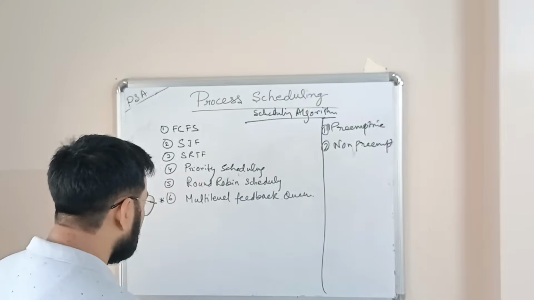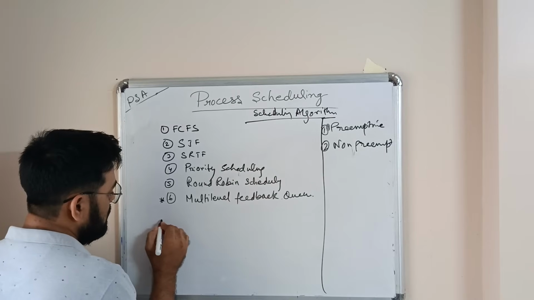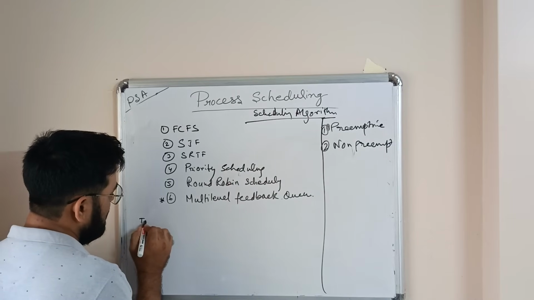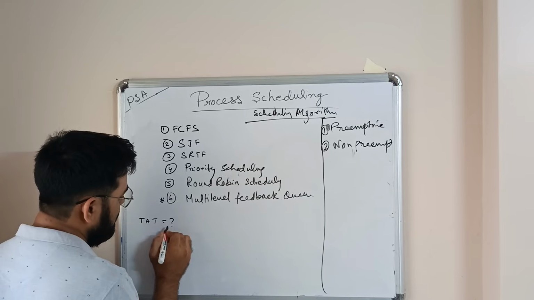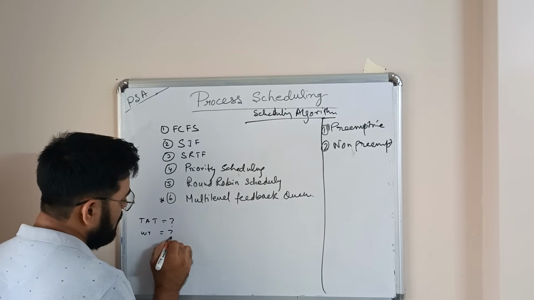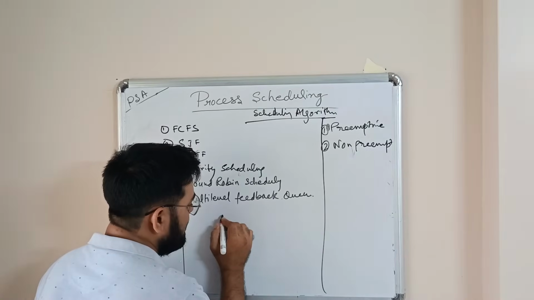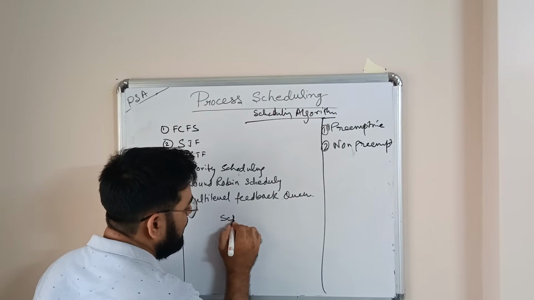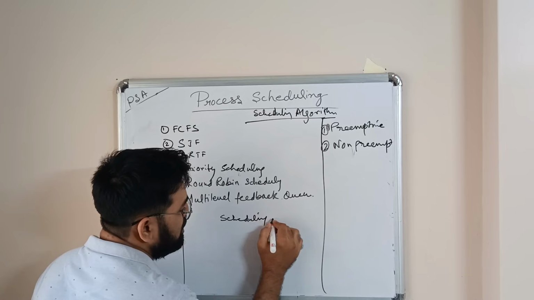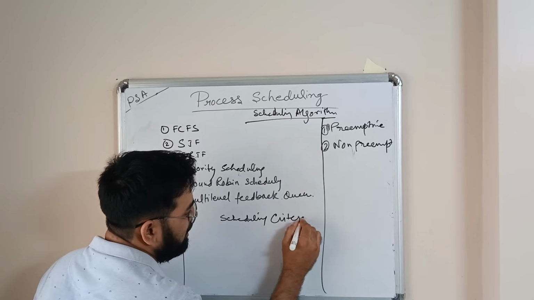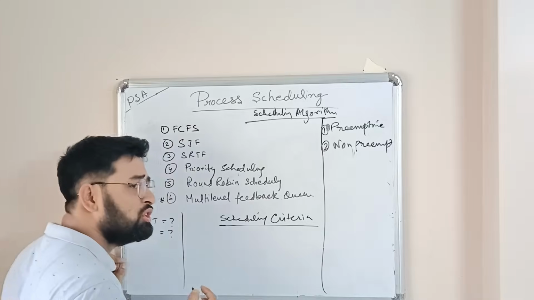In your numericals, they will ask about various things like turnaround time. What is turnaround time? What is waiting time? Before understanding this, let me explain this. This is the scheduling criteria. So what are the scheduling criteria?